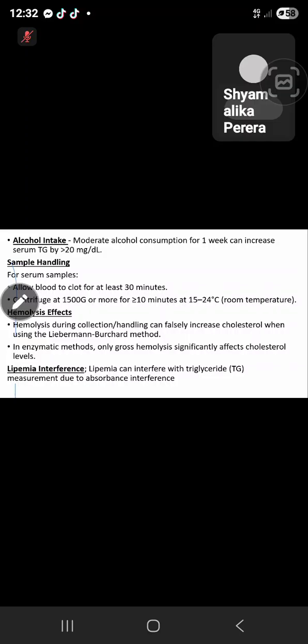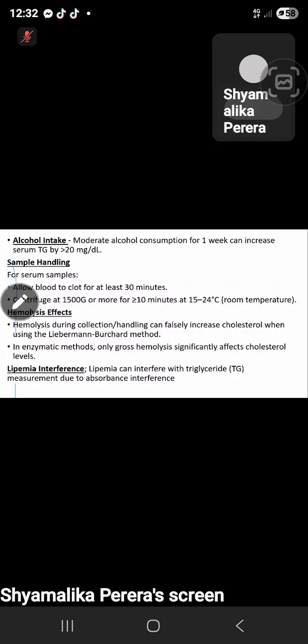So when you are handling the samples, you have to allow some time for the clotting mechanism. At least it should be 30 minutes. And centrifugation speed and time should be appropriate. Otherwise, you will end up with some clot material and some cells in the serum.